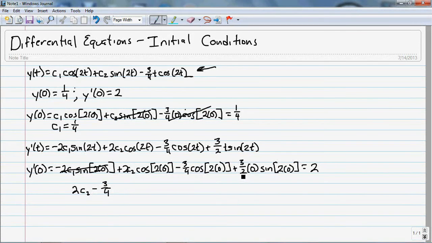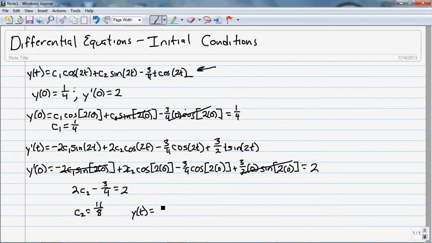And the last term is going to cancel out, and this is going to be equal to 2. If I solve this, c2 will be 11/8.